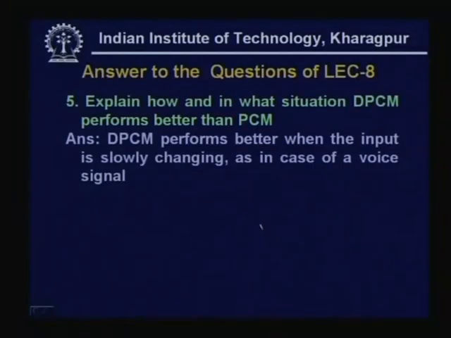As you have already seen, whenever the signal is slowly changing, then the differential PCM will require very small number of bits, and as we know, delta modulation is the extreme case where you require only one bit. However, if the signal is not slowly changing, then this approach cannot be used. So, only when the signal is slowly changing, DPCM has better performance than PCM.